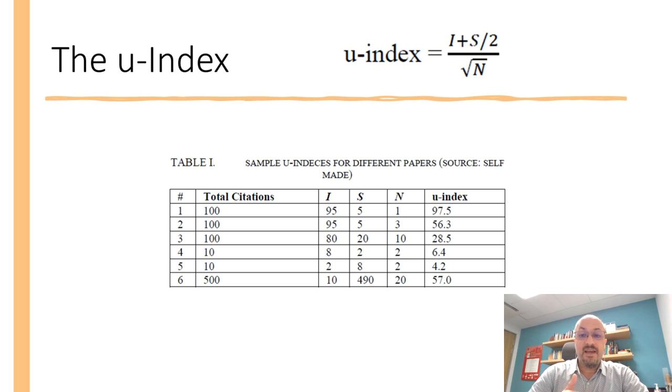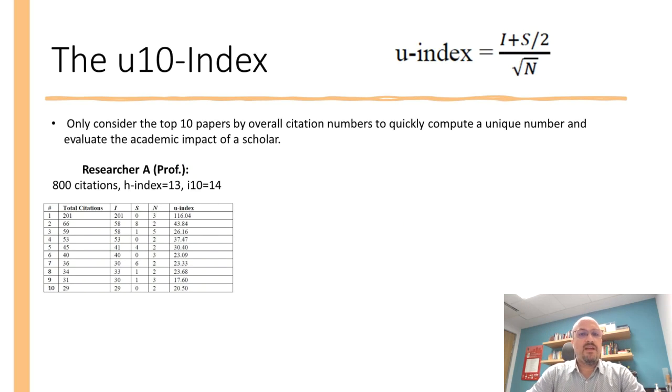And we see that as the number of authors becomes bigger, and also the number of self-citations becomes bigger, then of course the impact that the U-index attributes to this paper becomes lower in, let's say, an effective way.